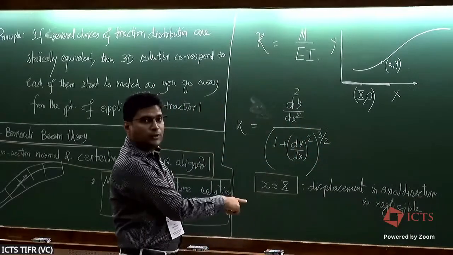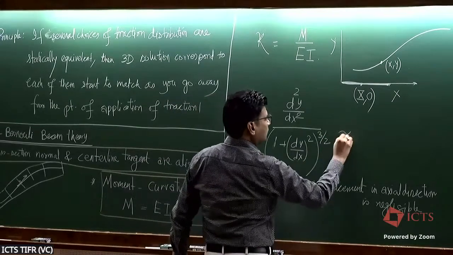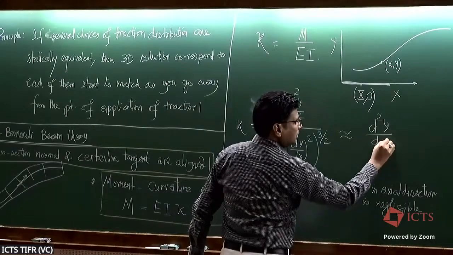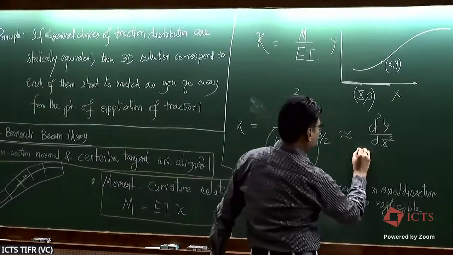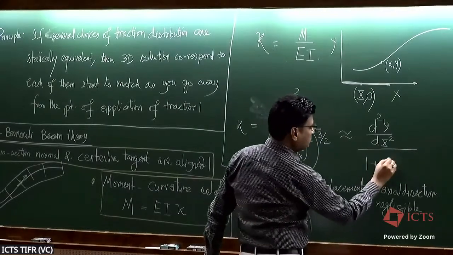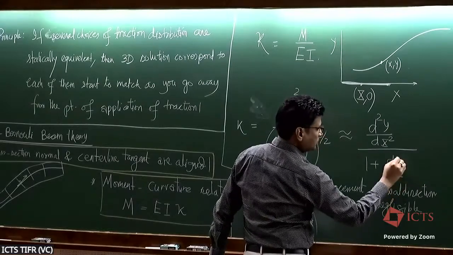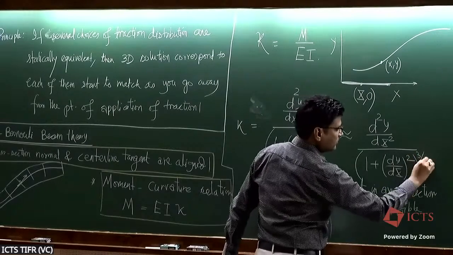Now, once you use this approximation, then your curvature formula becomes d2y over dx2, small x becomes big X, divided by 1 plus dy over d big X whole square to the power 3 by 2.